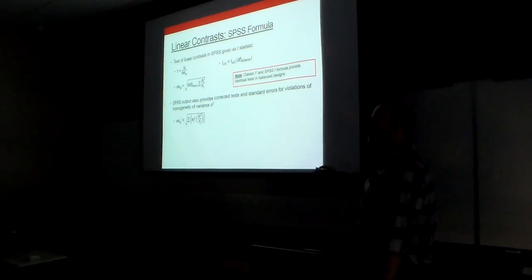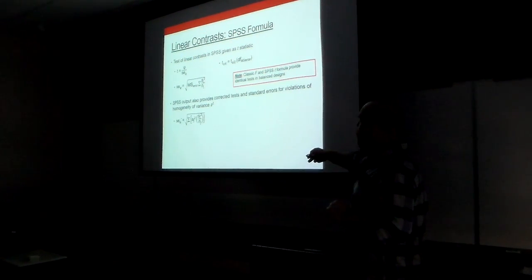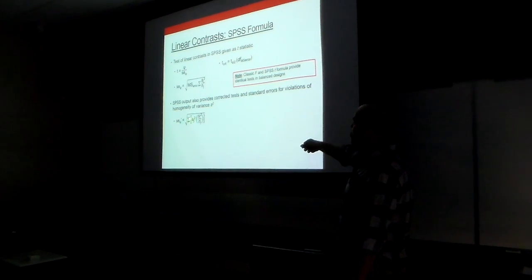But basically, when you look at SPSS, it's going to give you contrasts assuming equal variances and not assuming equal variances. For not assuming equal variances, we've got a correction to our standard error estimate, where our standard error is going to be the square root of the sum of my squared weight times the variance of each one of my groups, over the sample size of the group.